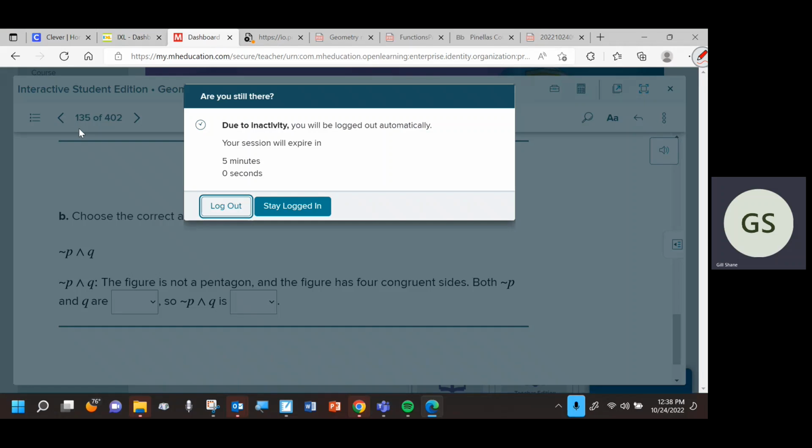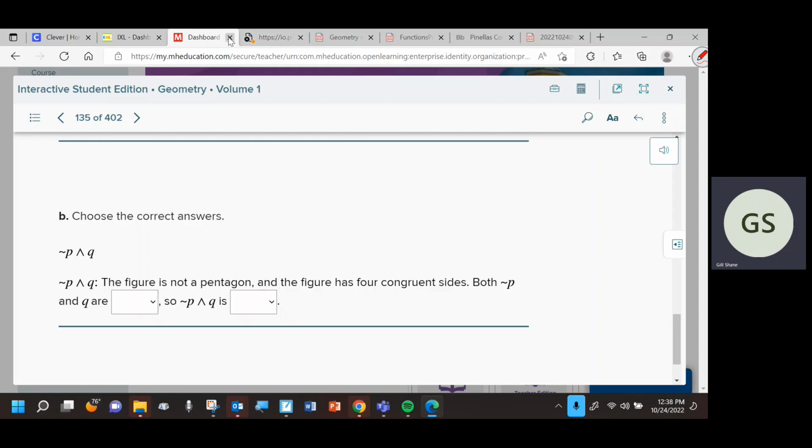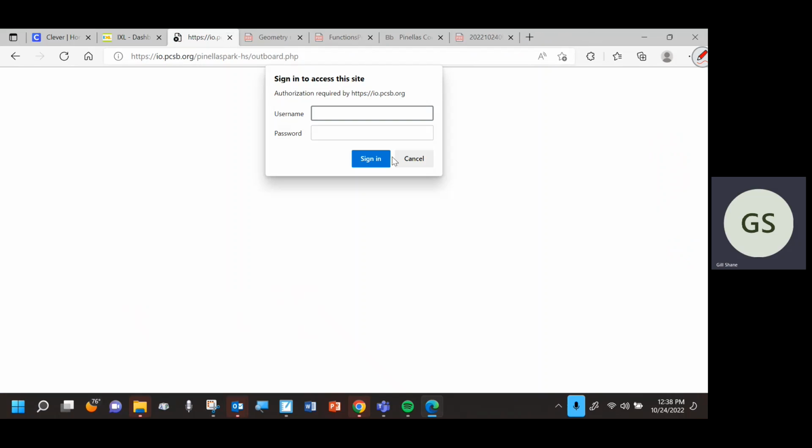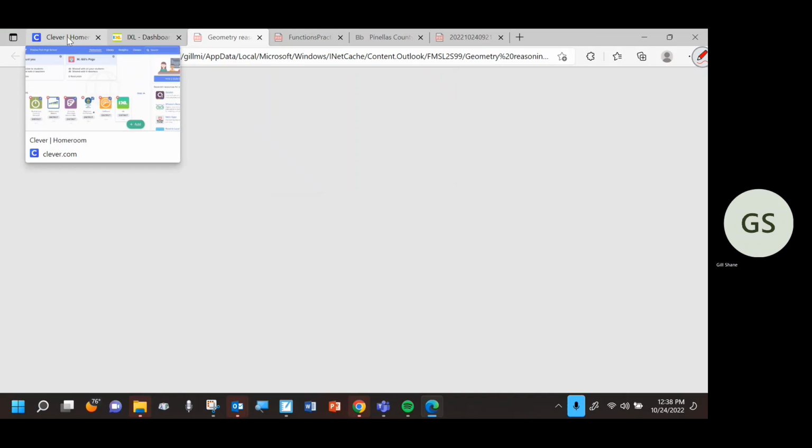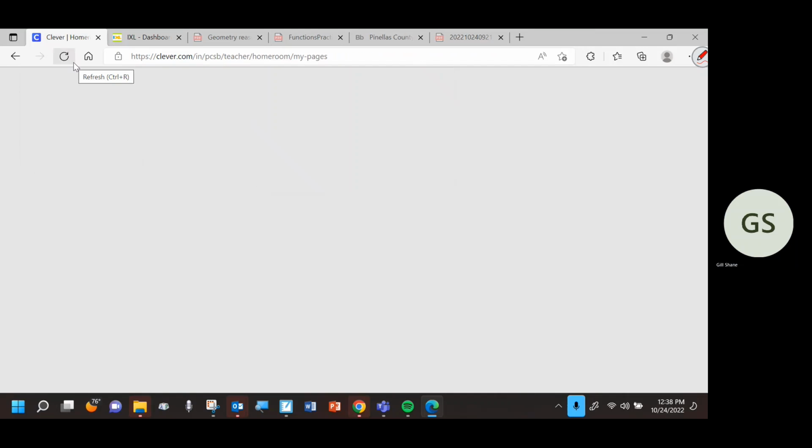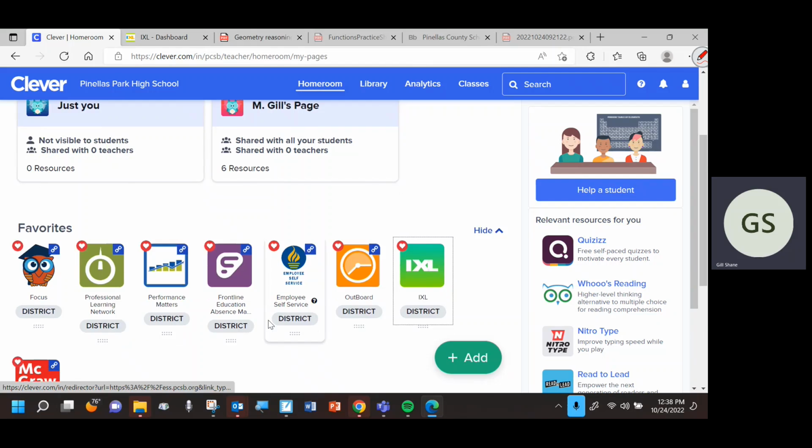All right, so page... Pretty sure that's not going to work. All right, hold on. Apparently everything timed out. That might be because I lost connection, actually.